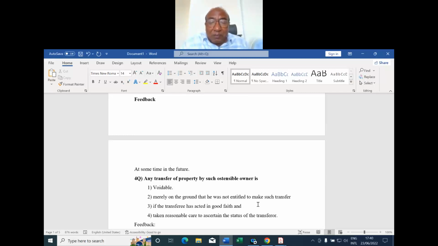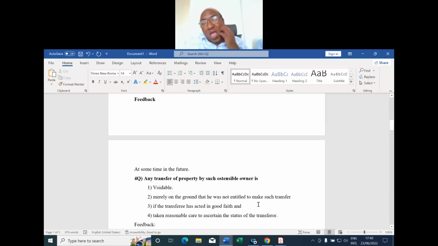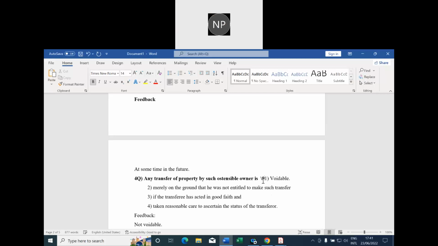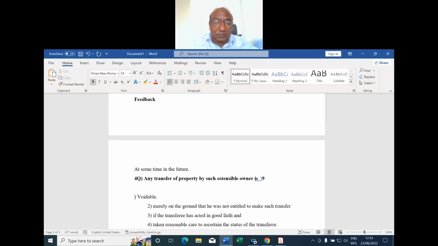Any transfer of property by such ostensible owner is, one is wrong here. One is false. Odd man out. What is that?